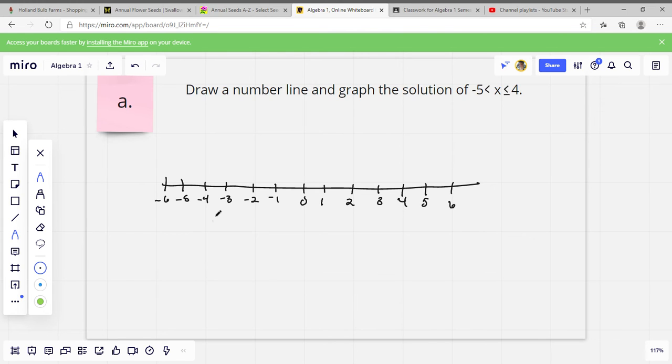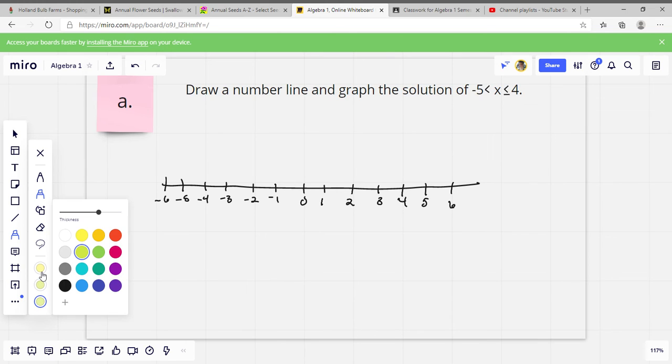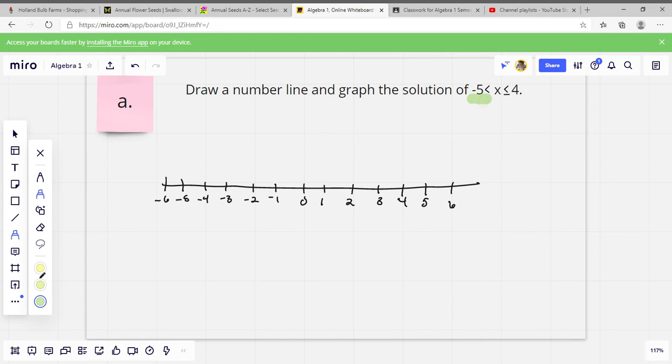All right, so there's my number line. Okay, so now I need -5 at the bottom here.